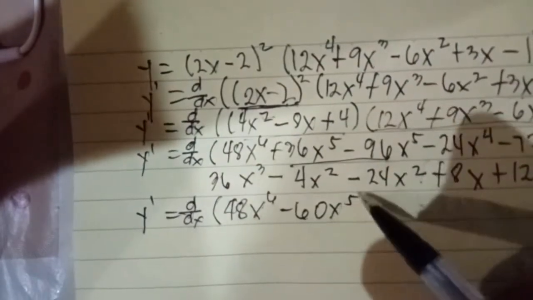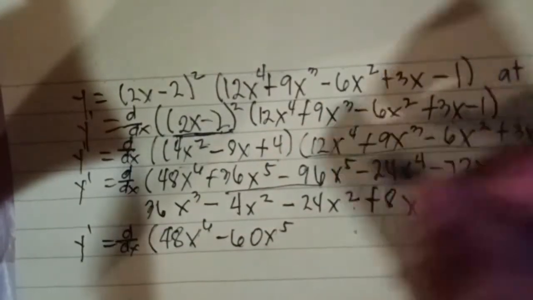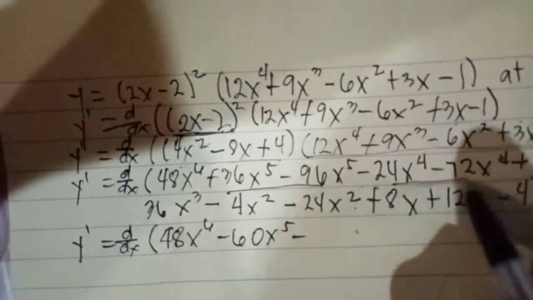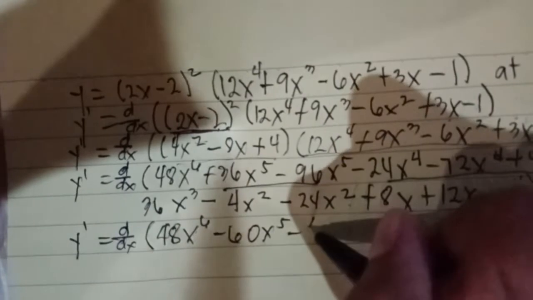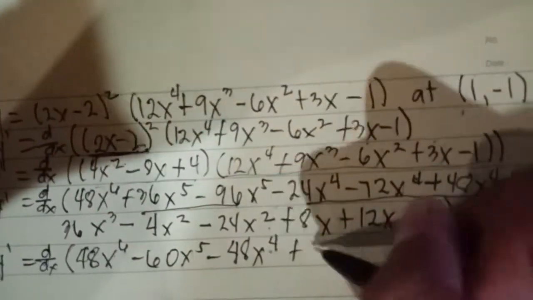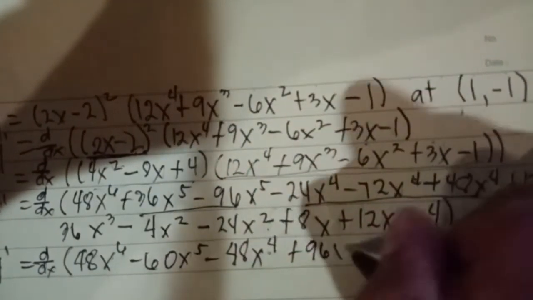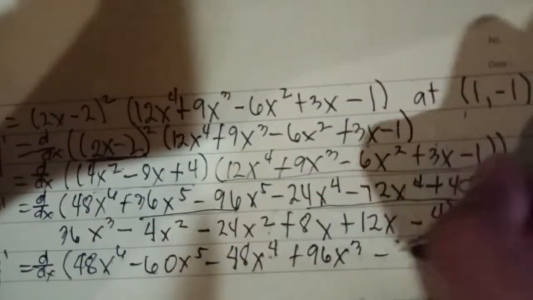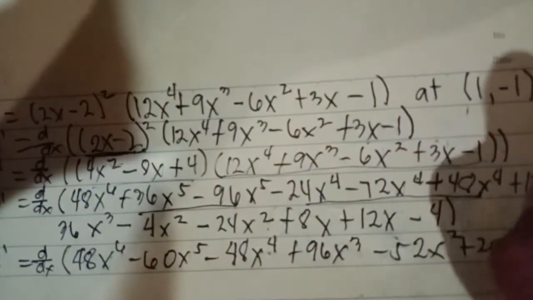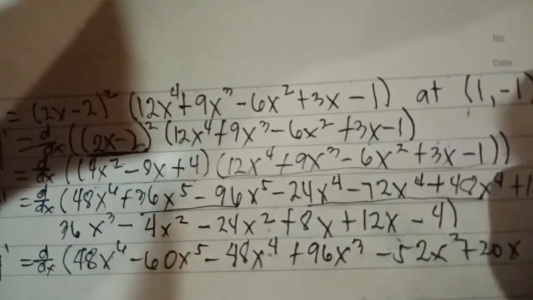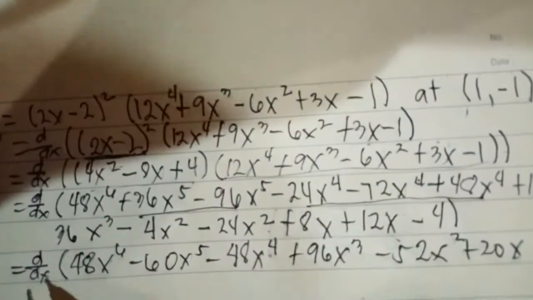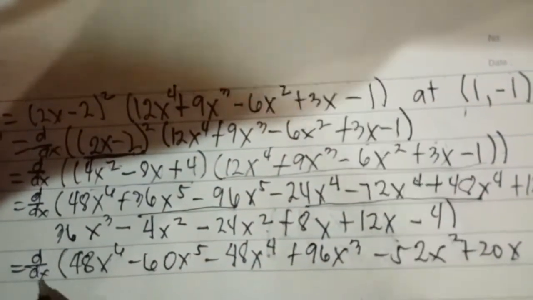Just copy the exponent. Then again add these, so it equals 48x raised to the power of 4 plus 96x raised to the power of 3 minus 52x raised to the power of 2 plus 20x minus 4. So this is now the answer.